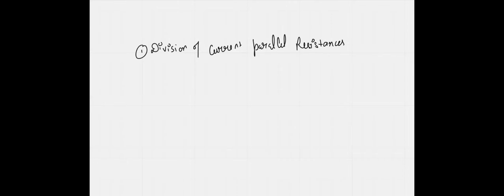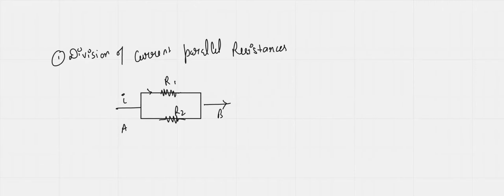Assume I'm giving you some circuit like this. R1, R2. This is the complete circuit basically. So current I is going this way, at points A and B. So the total current is I. This part will become I1 and this is going to be I2.